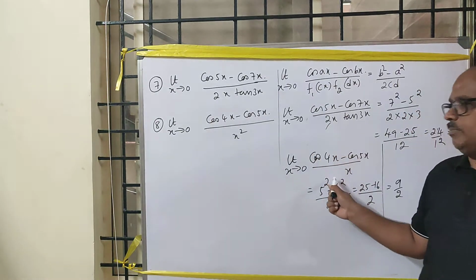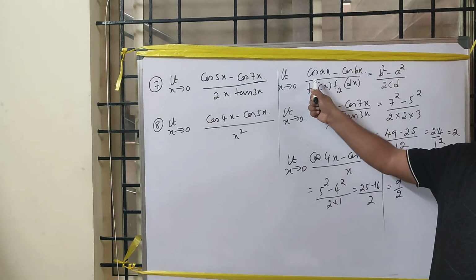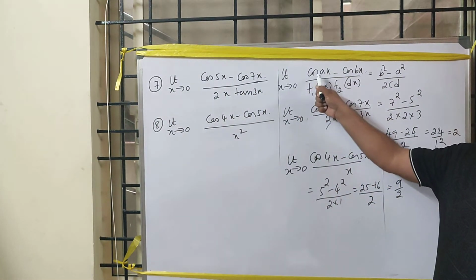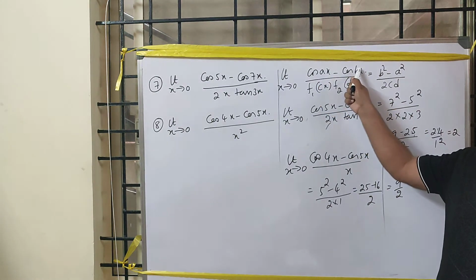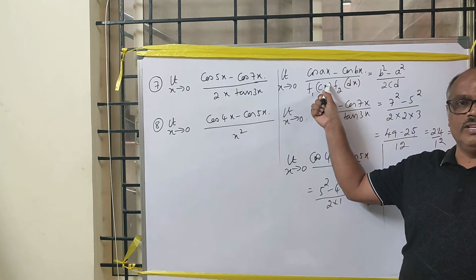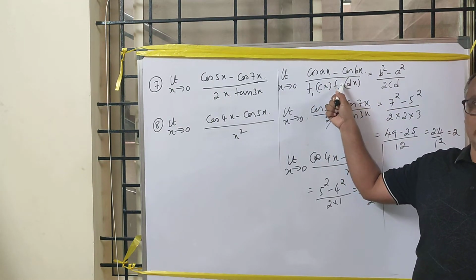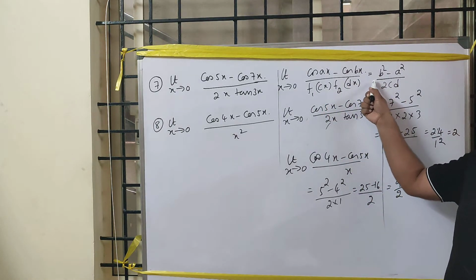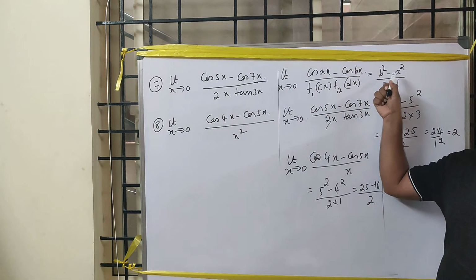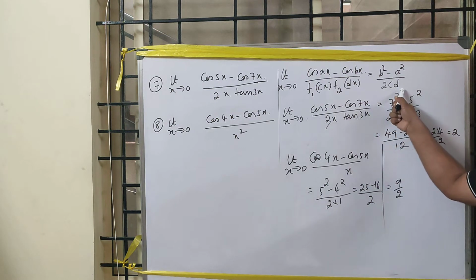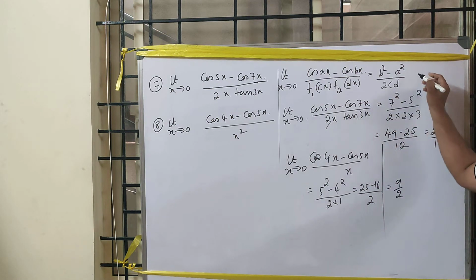So these two problems are in the form of limit x tends to 0, cos ax minus cos bx divided by f1 cx into f2 dx. So we apply b square minus a square divided by 2cd. This is the shortcut.